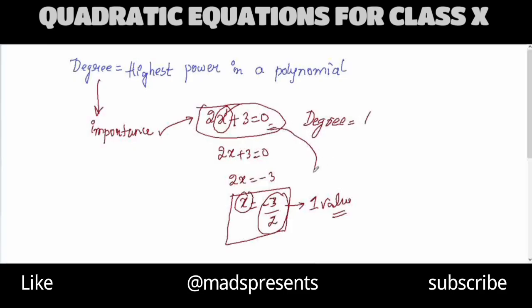If the degree is 1, you will get only one value, or we can say one solution, or one root; all mean the same. The importance of degree is that based on it, the number of values of the variable can be estimated very quickly. By seeing the equation only, we can tell how many values are possible.